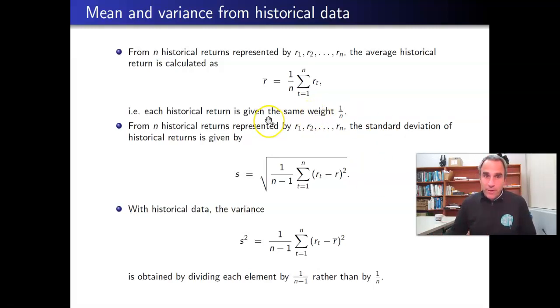If you look at historical data, you take a sample of historical returns. You cannot take the full history of returns from the very beginning of stock trading because you do not have access to all the information, or your data set would be too big.